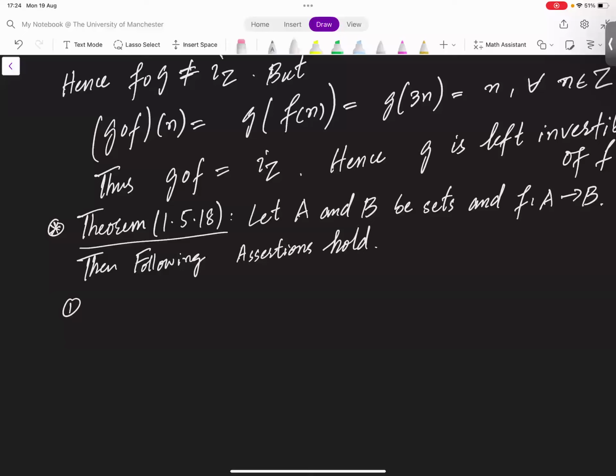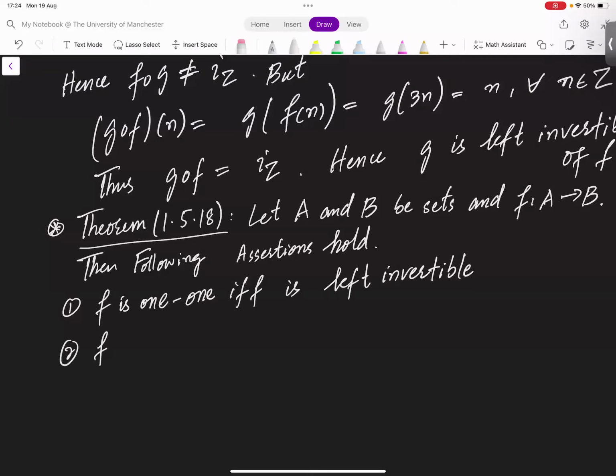One, f is one-to-one if and only if f is left invertible.